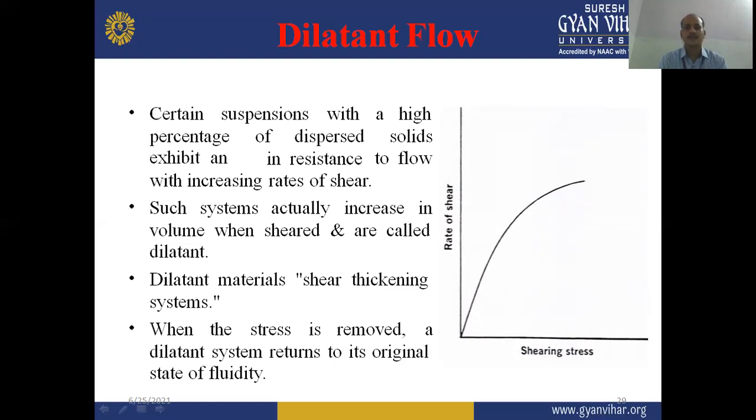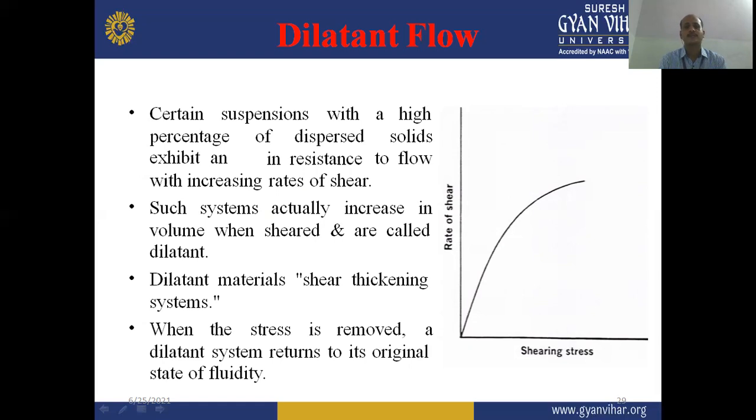So you can see the characteristic rheogram of dilatant systems, where the rate of shear and shearing stress is not proportional or not in the form of linearity, and certain suspensions with a high percentage of dispersed solids are examples of this type of dilatant flow.